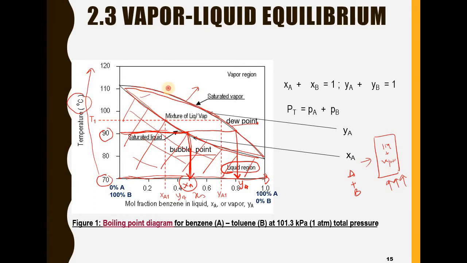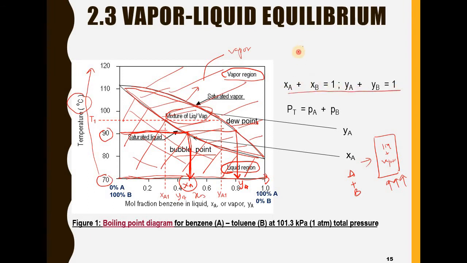Within the curve, the component will exist as a mixture of liquid and vapor. At the upper part, outside the saturated vapor curve, is the vapor region, which means component A exists as a vapor. Very simple.